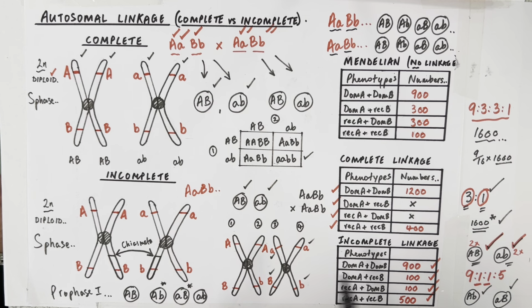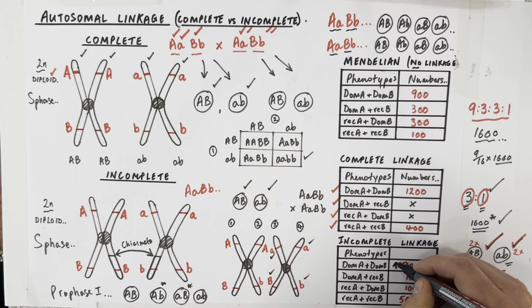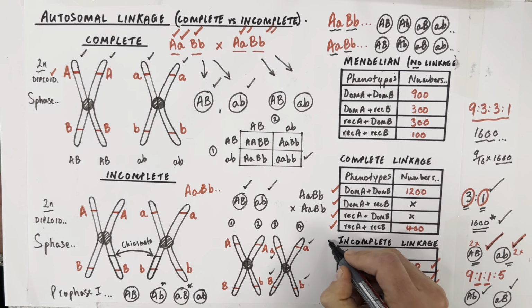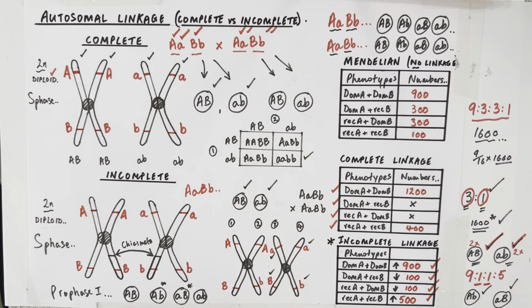And then with incomplete linkage, you'd get an odd ratio with by far higher numbers of the double dominant phenotype and the double recessive phenotype, with smaller numbers of the 2 recombinant phenotypes, as hopefully you can see here. So any odd ratio that does not meet the Mendelian ratio that you might expect, if you get 4 phenotypes, you're probably going to be thinking about incomplete linkage, which is this one.